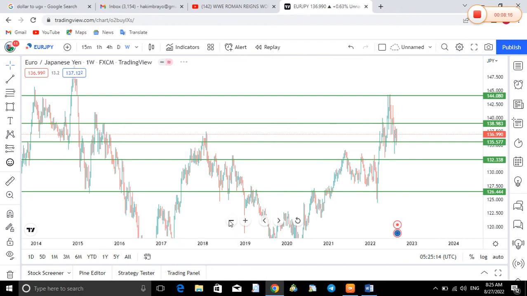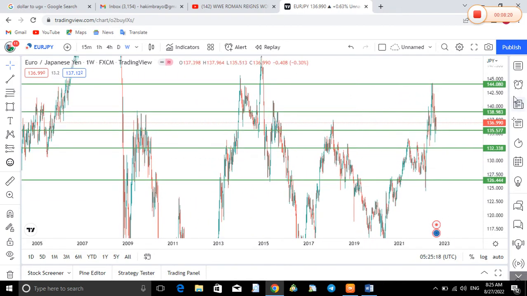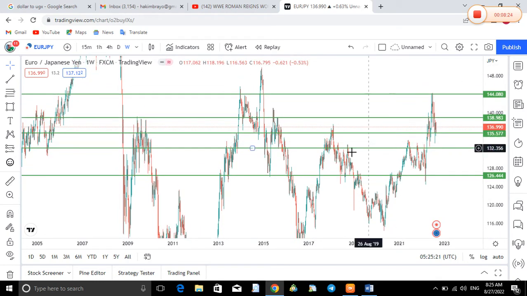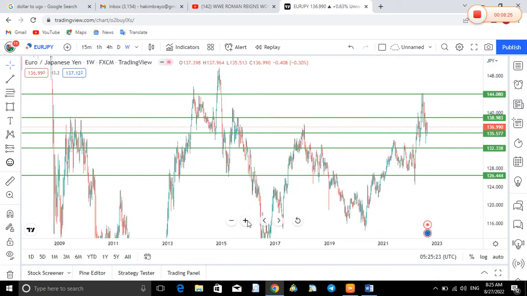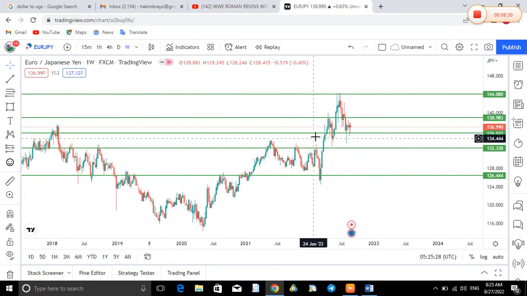Now when I go to the higher time frame, I can see Euro JPY was in a deep uptrend. The market was making higher highs and higher lows, higher highs and higher lows.